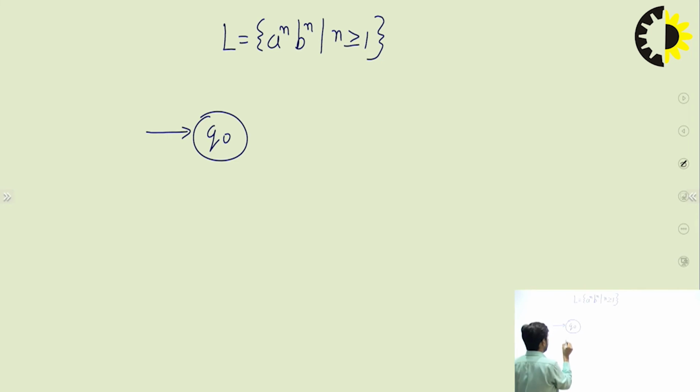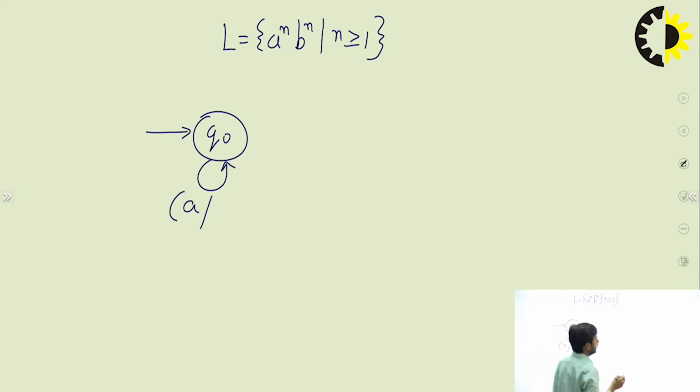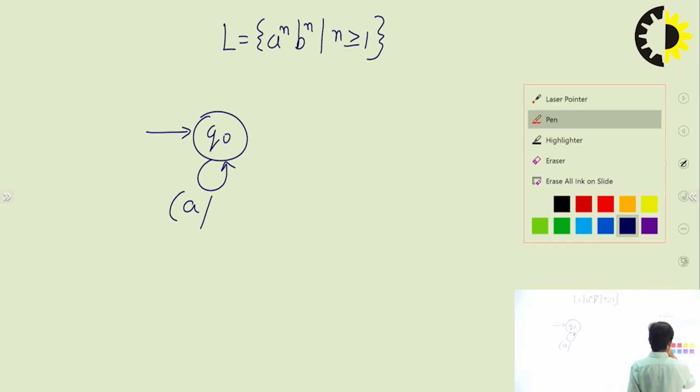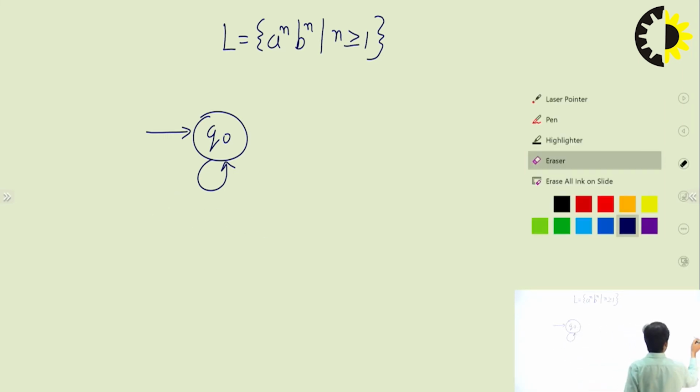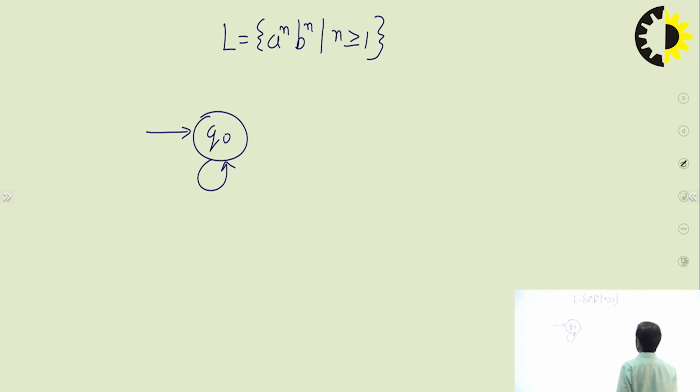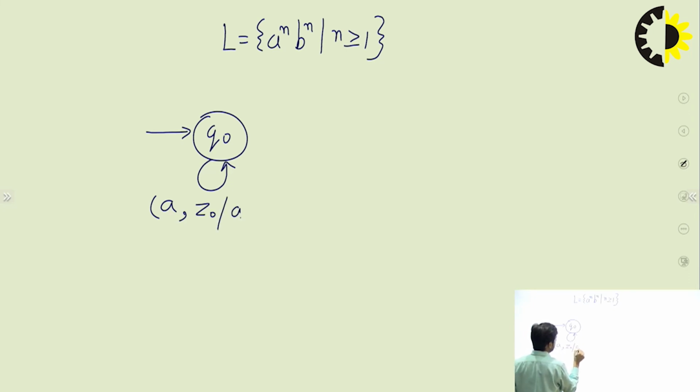On input A, when top of the stack is Z node, we push A Z node.